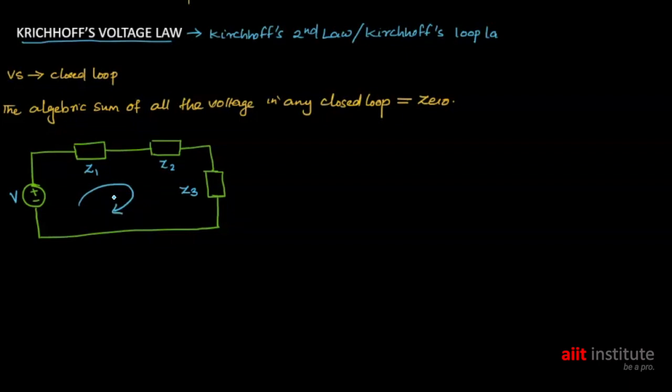So we know that according to sign convention, so what is sign convention saying? Sign convention means when we are moving from the negative to the positive terminal across any element or component, it's a rise, so we will take that voltage as positive.